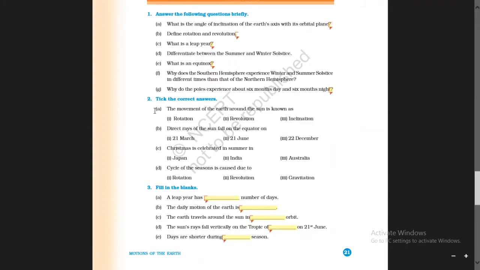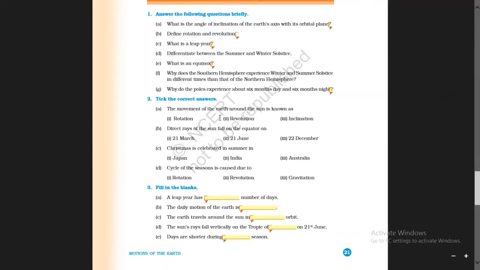So, first one, the movement of the earth around the sun is known as, options are given: rotation, revolution, inclination.